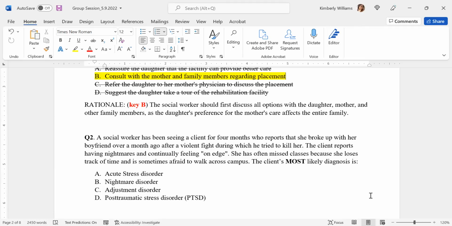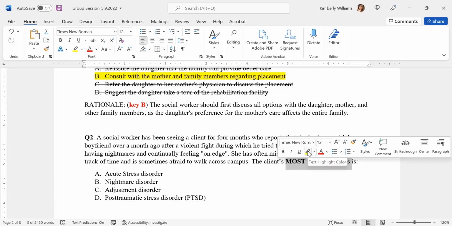All right, so before we even look at those diagnoses, whenever they ask you about a diagnosis, the primary thing you want to focus on is symptoms. So you highlight all these symptoms, and that's what we're going to focus on, because that's the type of question this is. It's asking what is the client's most likely diagnosis. So in this one, you don't need to determine a phase of a process.